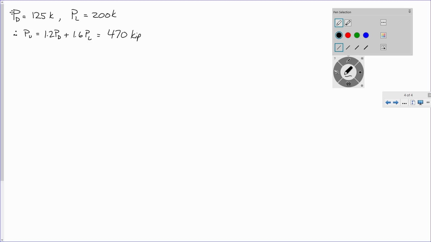We know that Kx equals Ky equals 1.0, and we know that the length of the column is 15 feet. That tells us a couple things. Because the K values are equal, we automatically know that the weak axis governs.